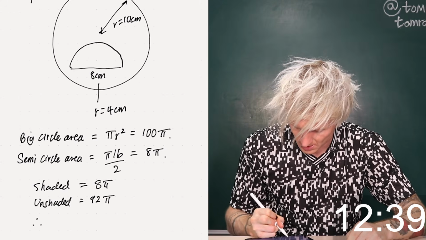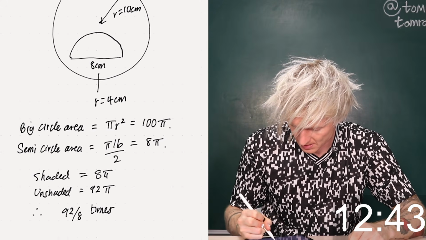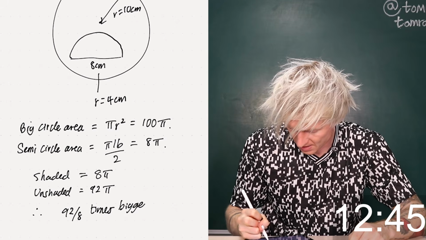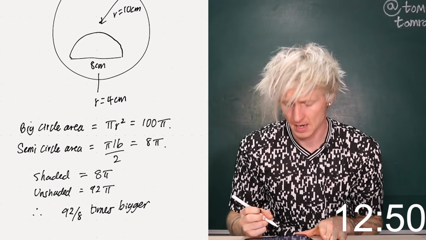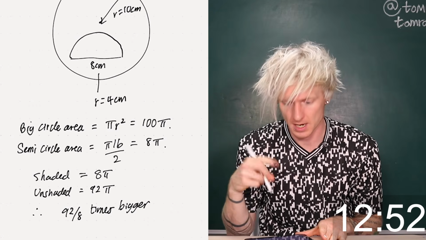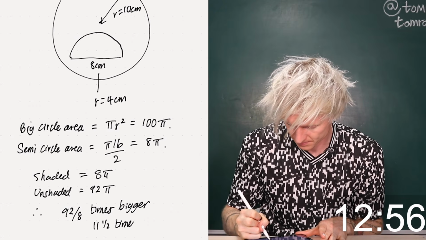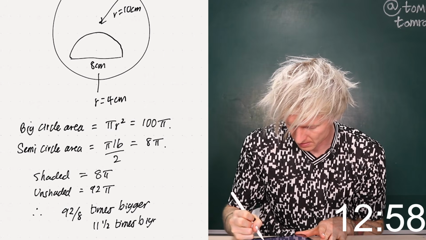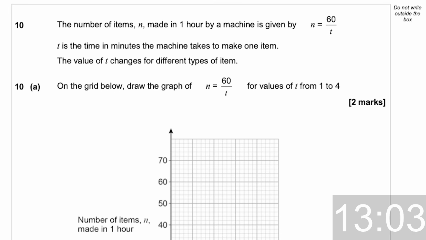Therefore 92 divided by 8 times bigger. Probably simplify that. That's 11 and a half, I think. 11 times 8 is 88 plus, yeah, so it's 11 and a half times bigger. Okay, I hope. Meh, let's move on.